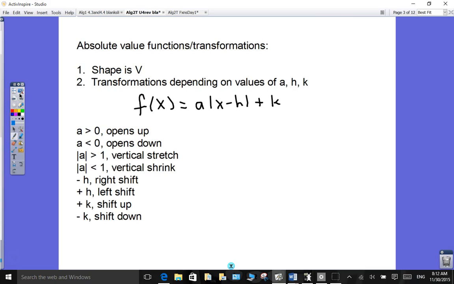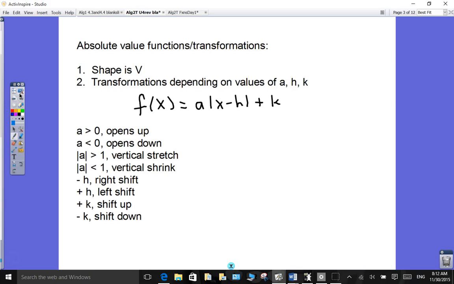So we know that of the basic function, the parent function, and then transformations are, what does it do to that function? If I multiply by a number outside the function, if I add or subtract inside the function, if I add or subtract outside the function. These were all the things that we learned about that, not just for absolute value, but for any of them.